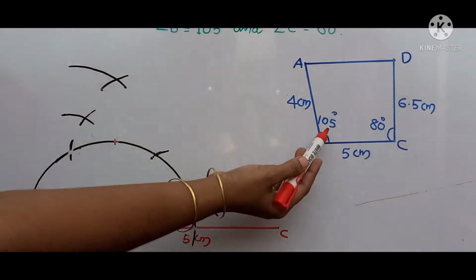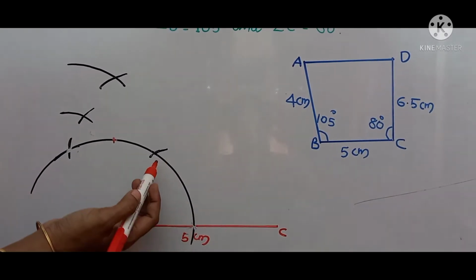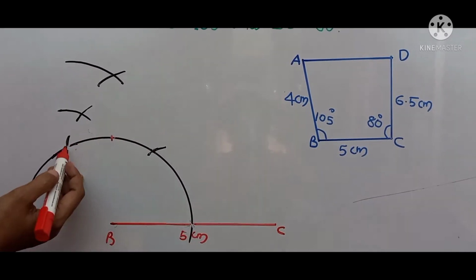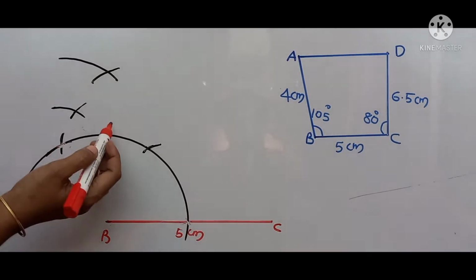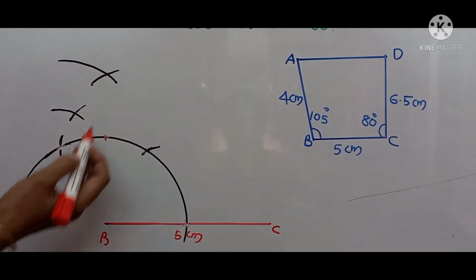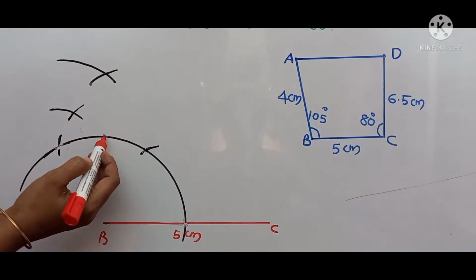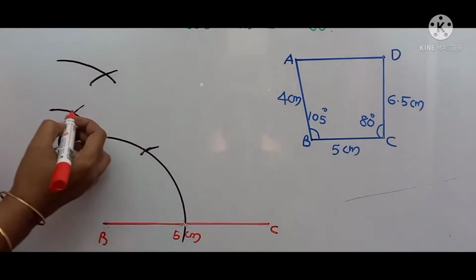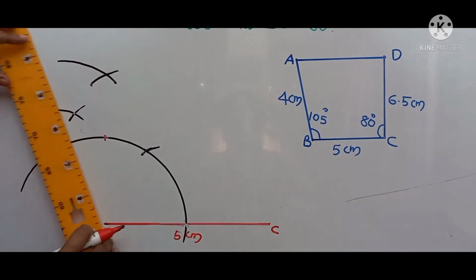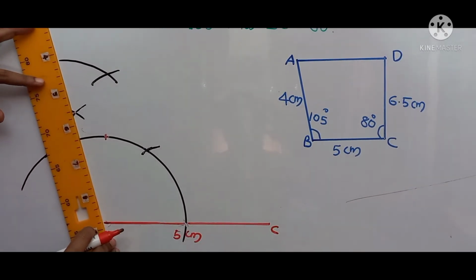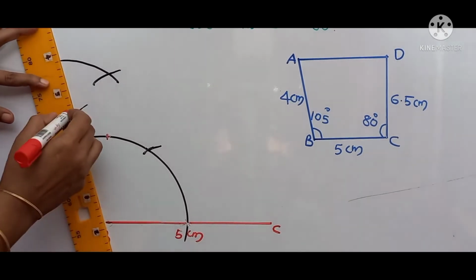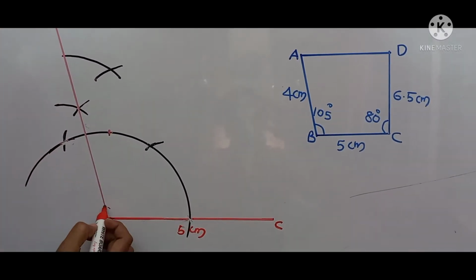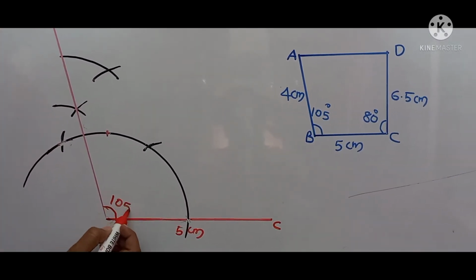For constructing that 105 degree angle, first we have to draw 60 degree, 120 degree, then bisector of 60 and 120, 90 degree, and bisector of 90 and 120, 105 degree. This is the point we have to join, 105 degree, and angle B is equal to 105 degree.